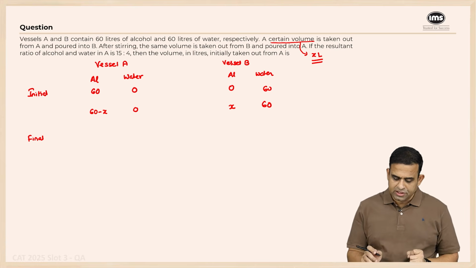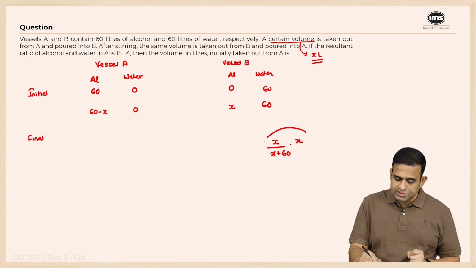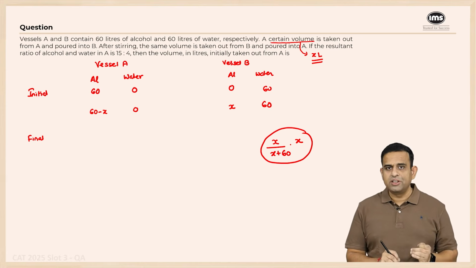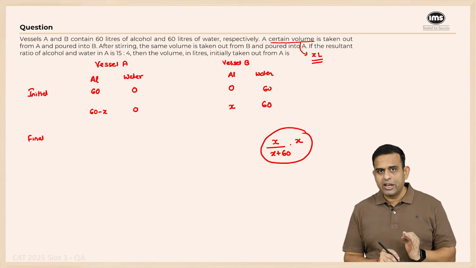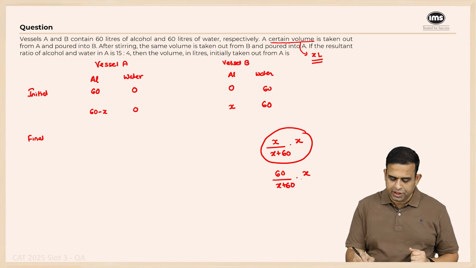The answer would be X divided by (X plus 60) times X. This is the quantity of alcohol moved from vessel B to vessel A. And the quantity of water moved from vessel B to vessel A must be 60 divided by (X plus 60) times X.